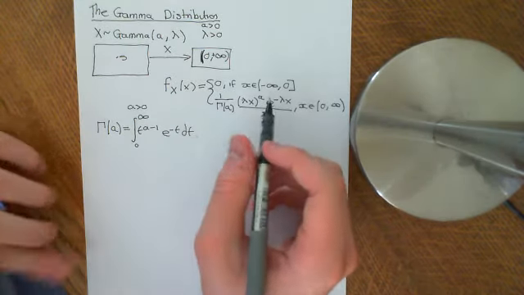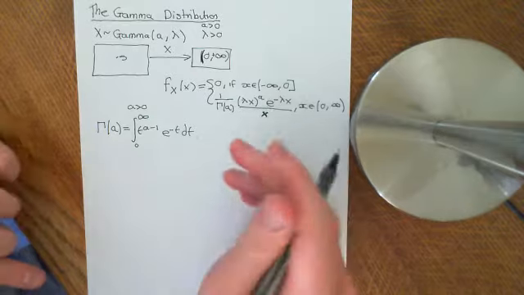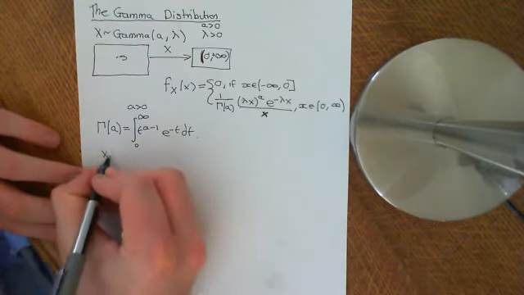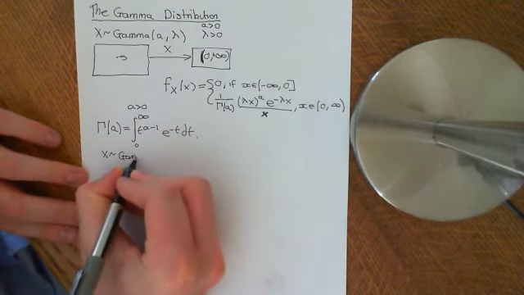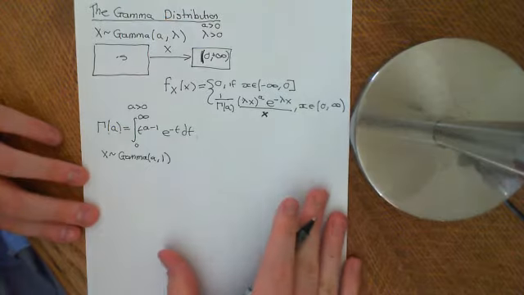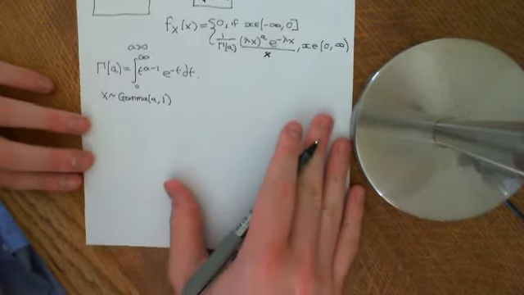Okay, right, so initially we're going to study the random variable X distributed gamma with parameter a, but lambda equal to 1. So we're going to restrict our attention to this gamma distribution.